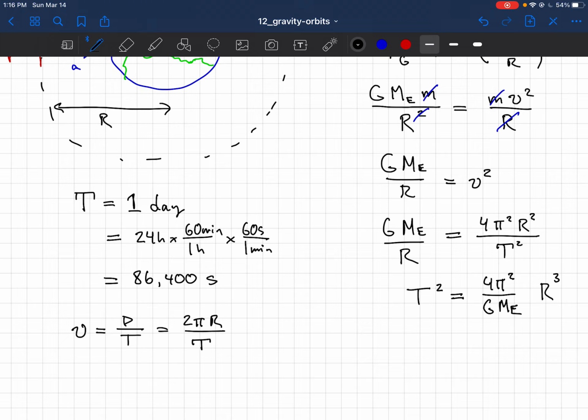Well, what is that? Why did I do that? It doesn't tell us what we want yet. I did it because it's Kepler's third law. So we used Kepler's third law to derive the law of gravity, so it's not a surprise that we should be able to get Kepler's law back now that we know what the law of gravity is.